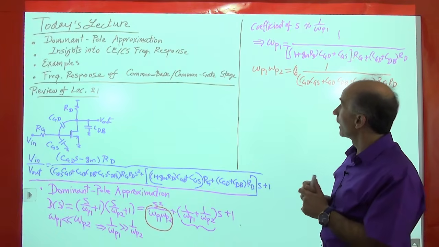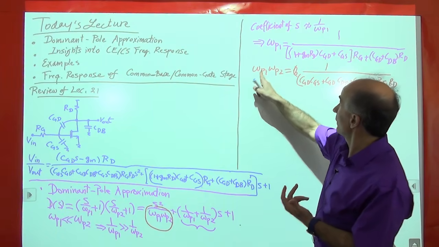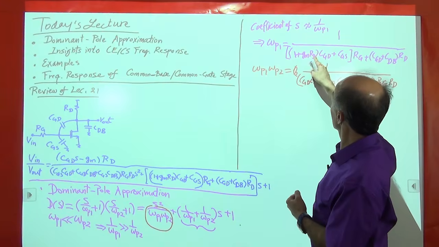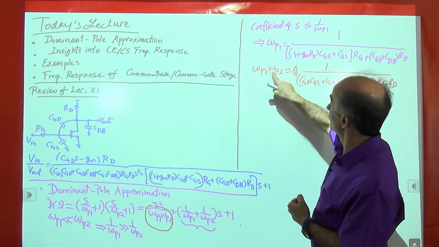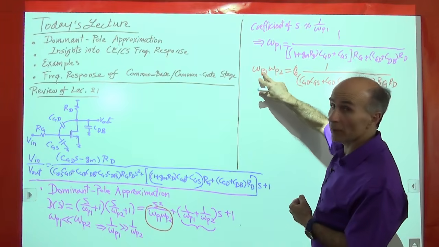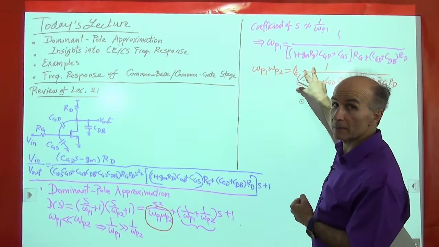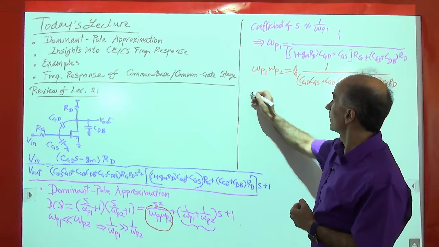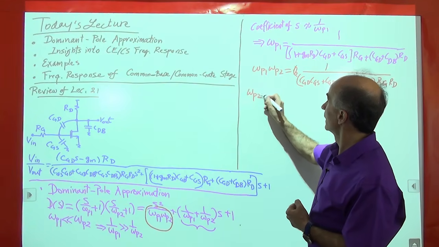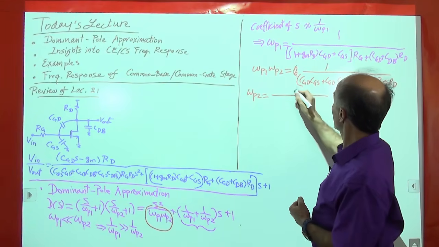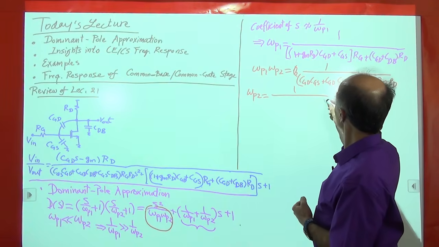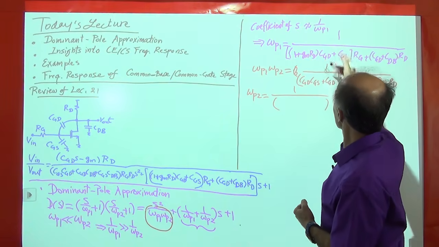All right. I'm looking for omega p2. I already have omega p1, right? Omega p1 is 1 over this. So omega p2 would be this divided by omega p1, which means this multiplied by this, right? So omega p2 will be all of this stuff here times all of that stuff here.